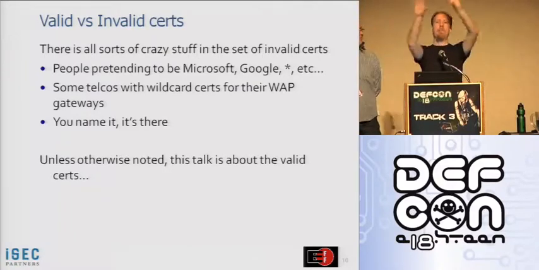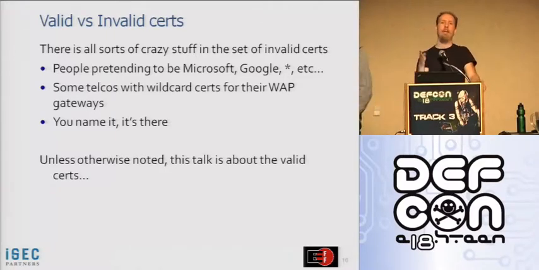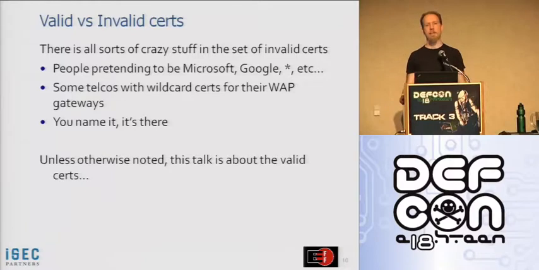So there's a big partition out there between valid and invalid certs, and there are a few on the grey line in between that we had to struggle with as we learned more about this. One example is that whether a certificate is valid in Firefox or not depends on what other sites you've been to beforehand. That was non-intuitive, but whenever Firefox sees a subordinate or intermediate CA that it considers valid, it caches it.